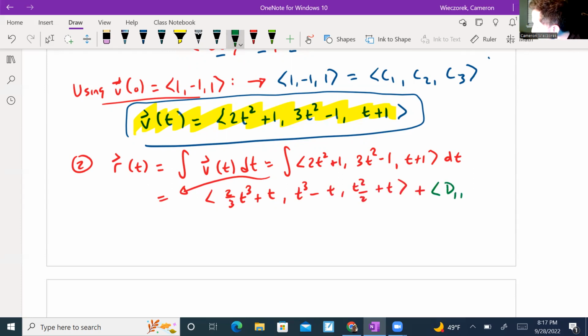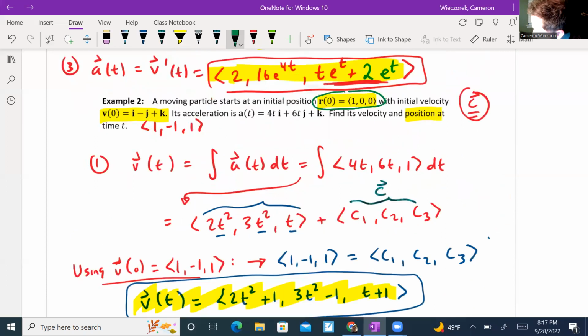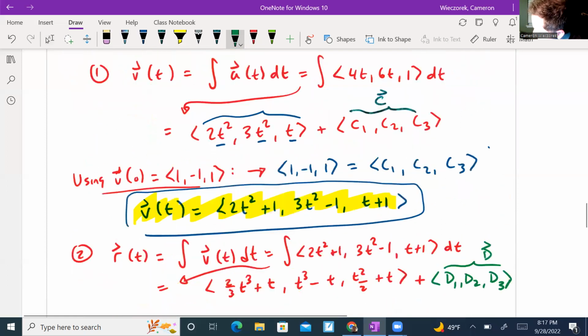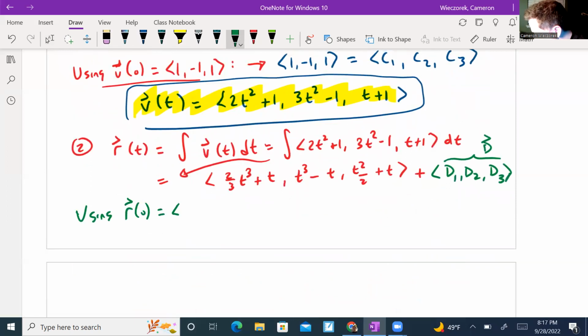I'm going to just use d1, d2, and d3 since I've already used c's. So this is some new constant vector, which we're going to use this initial condition now for position. We're going to use the fact that r of 0 is equal to 1, 0, 0. So using r of 0 equals 1, 0, 0, we can recover the actual values of d1, d2, and d3 to make the final position function.